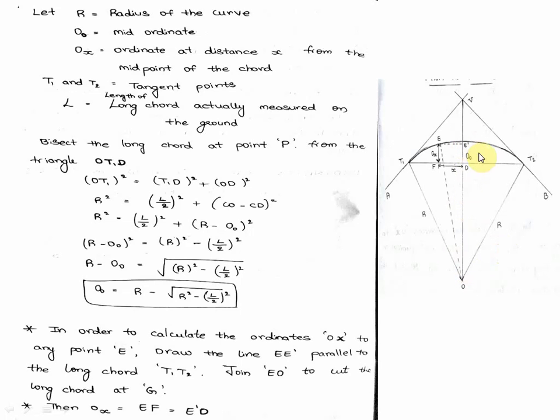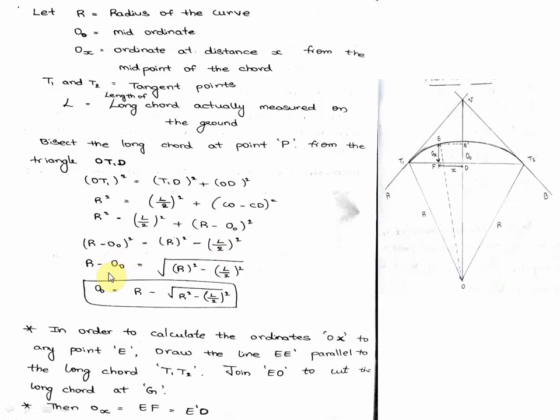OD can be written as CO minus CD, as I explained in the last session. CO is nothing but the radius R, and CD is nothing but O naught, the mid-ordinate. So write it as R square equals L by 2 square plus R minus O naught whole square.